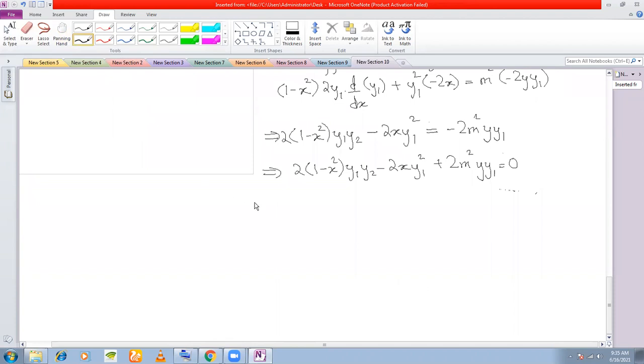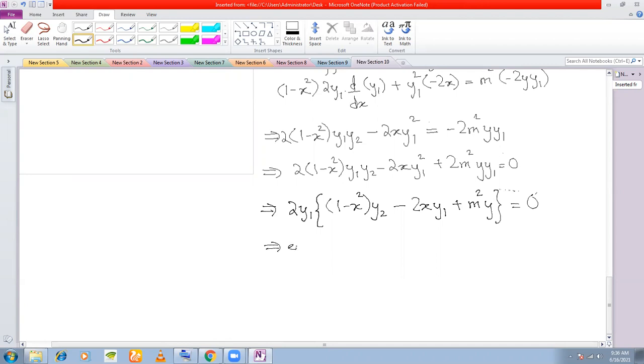Now from this, you can take twice y1 common. If you take twice y1 common, you get (1 minus x square) y2 minus x y1 plus m square y is equal to 0, right?